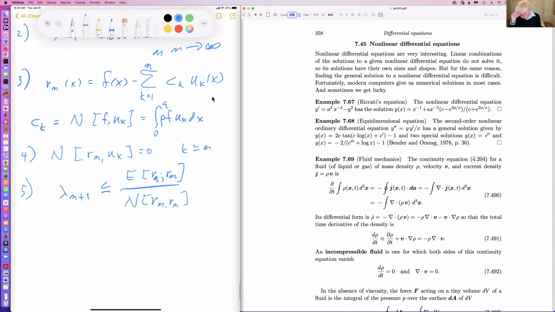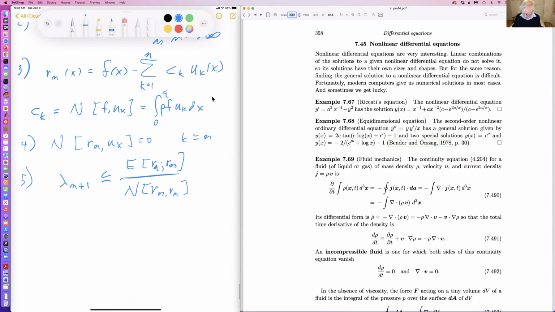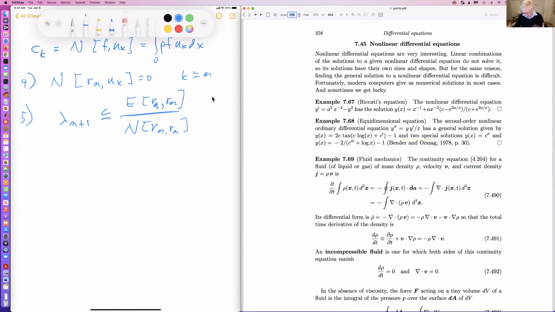And that's because the eigenvalue is the minimum of this ratio when you take into account all, in other words, it's over here, all u that are in the domain and that are orthogonal to the first n eigenfunctions.